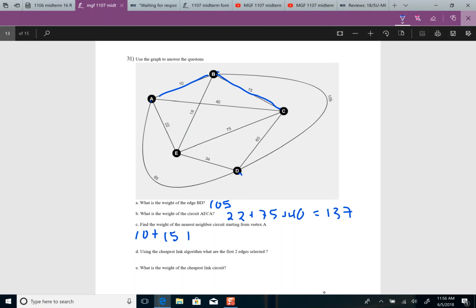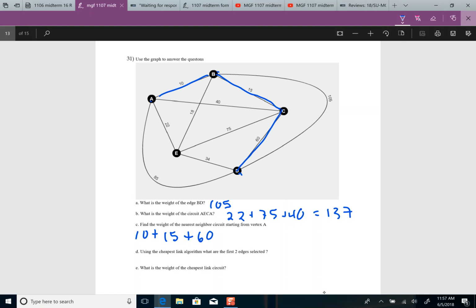Right on my 15. So I went from A to B to C. Now I'm at C. I have 40, 75, and 60, and I want to take the 60.